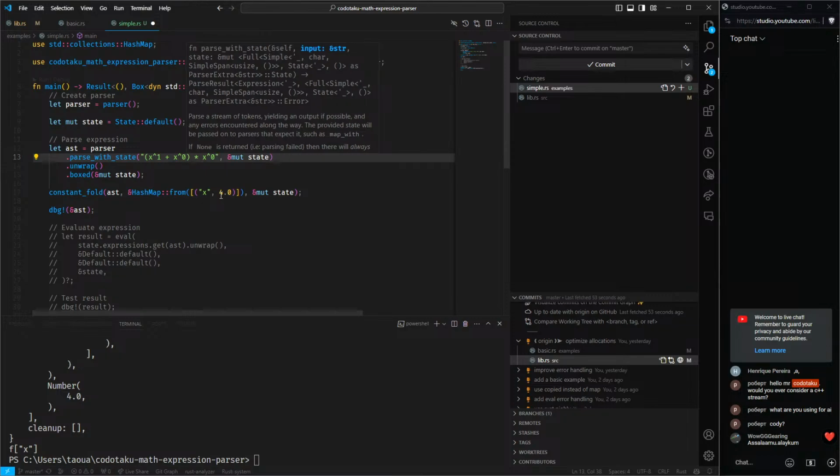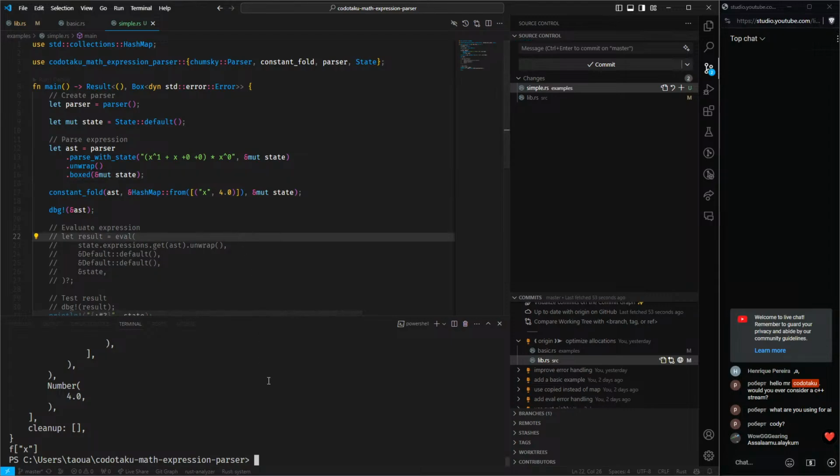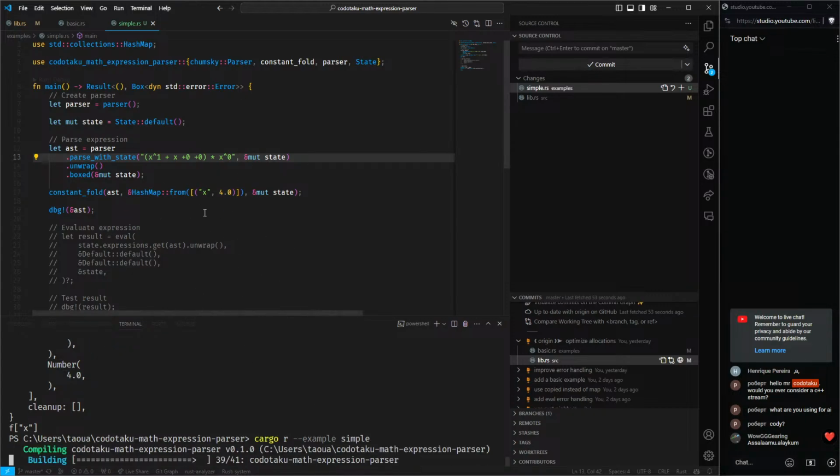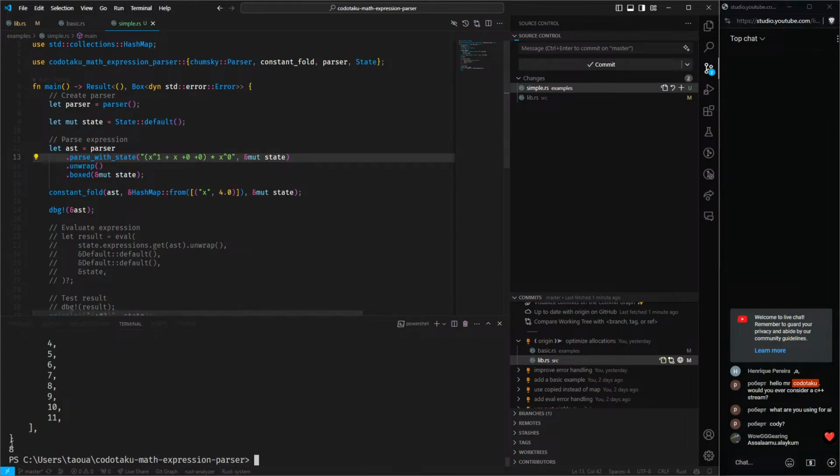Okay. And let's do it here plus 0 plus, I don't know, just whatever expression there. And you would notice that after the constant folding, it would constant fold these plus zeros, powers of zeros, powers of ones, plus ones, well, times ones, sorry, and it would also constant fold this x right here since we have defined it, and so this would result in 8.